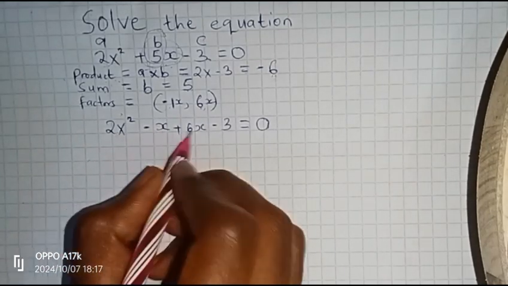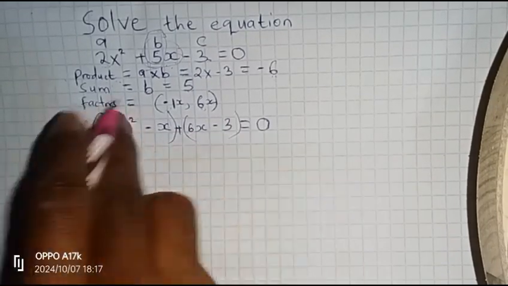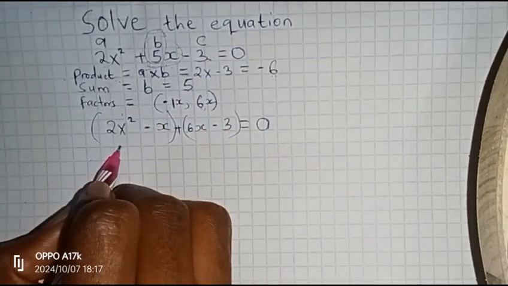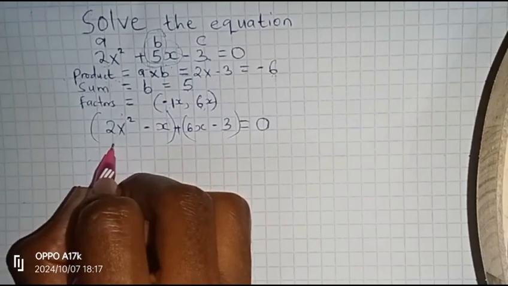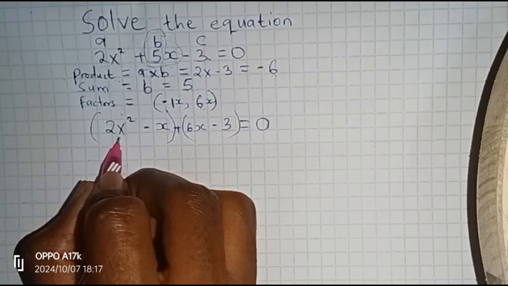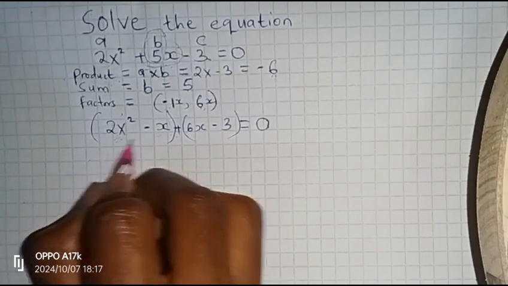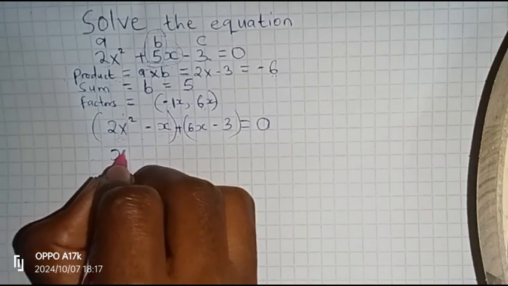Now you pair up the equation into two parts. You have this part and this part. The third step: you have paired up, now you look for what's common. In our first part, x is common, so you factor out x.